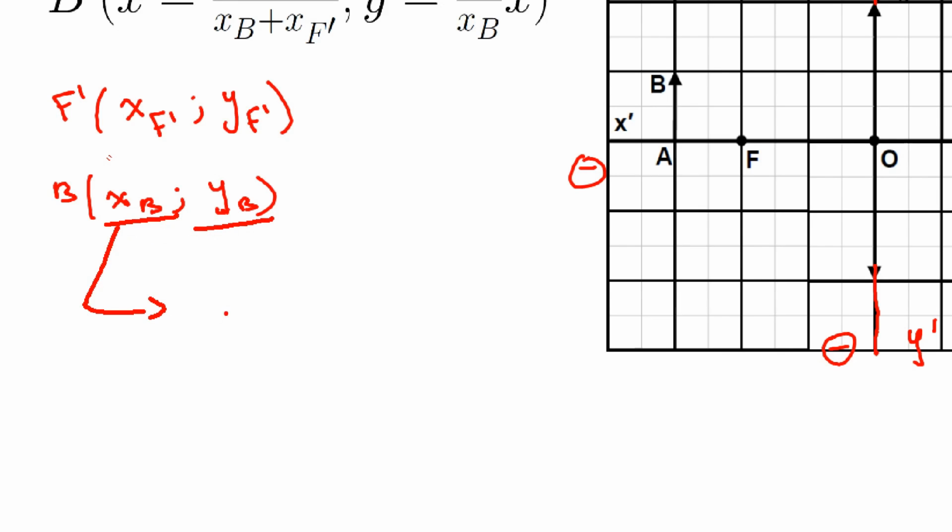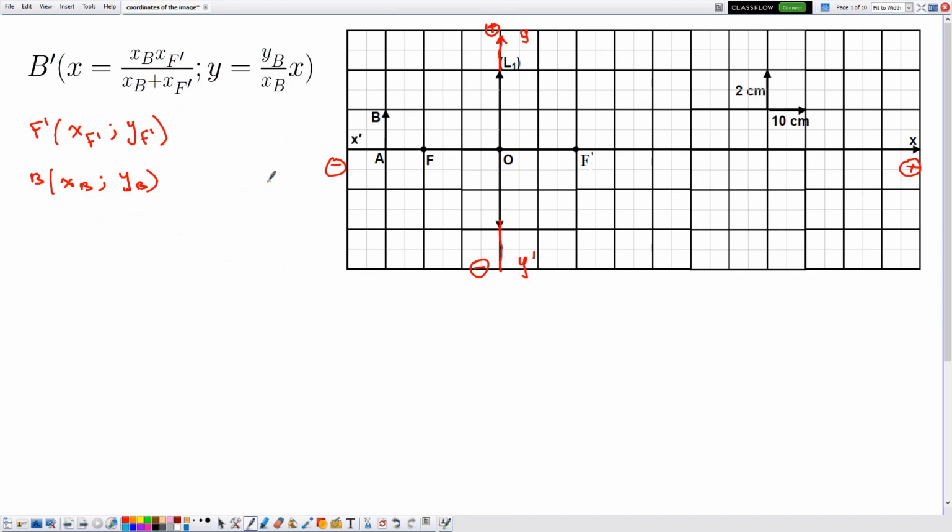So we call the x the abscissa and we call the y the ordinate. So the point B is given by the coordinates xB, yB. xB is said to be the abscissa and yB is said to be the ordinate. So now let's identify the coordinates of each point.